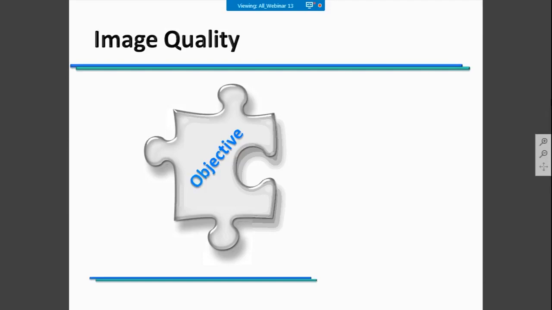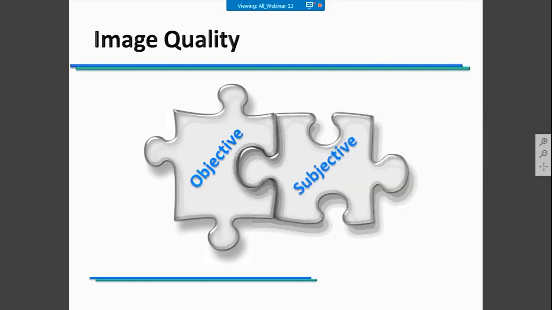Image quality must be analyzed in two different modes, but they should be together: in objective mode and also in subjective mode. Objective mode is normally performed using image processing tools, and subjective mode is normally performed with the involvement of clinical professionals.